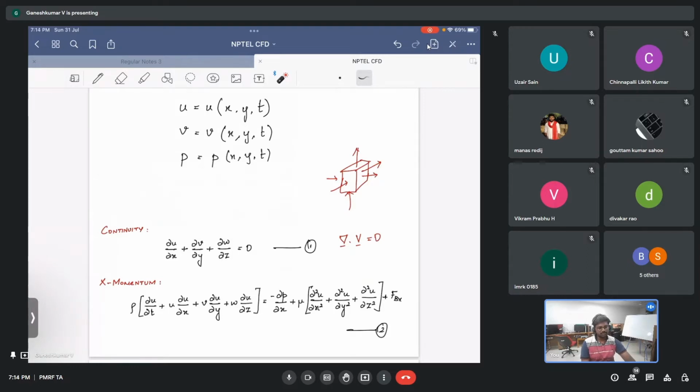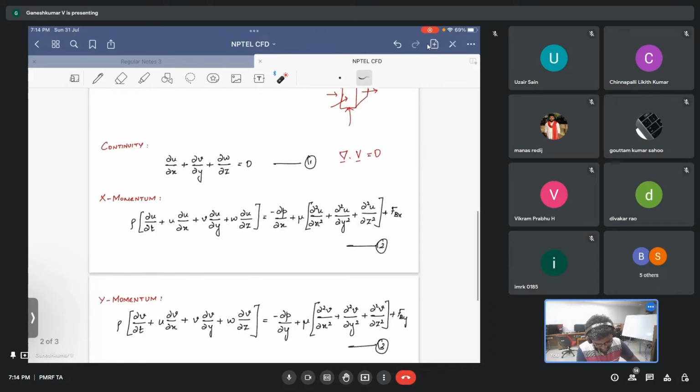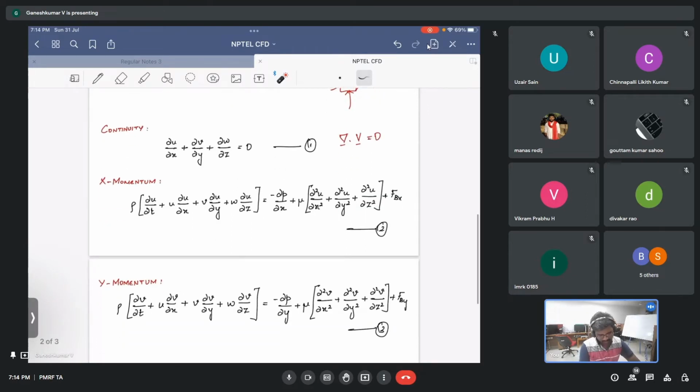If this cube of fluid is flowing and it deforms, the total volume will remain the same. The total strain rate will be the same. So that's what the continuity equation means in incompressible flow. Or you can simply say we are going to conserve the mass. So this is the continuity equation we have, and then the momentum equation.